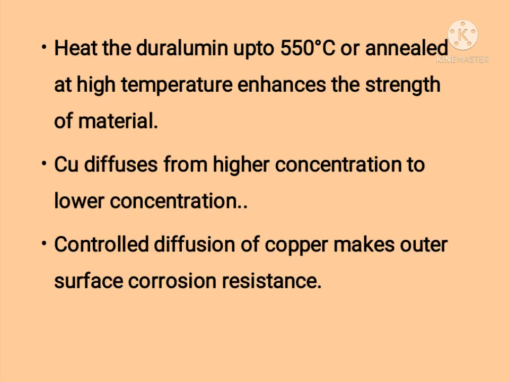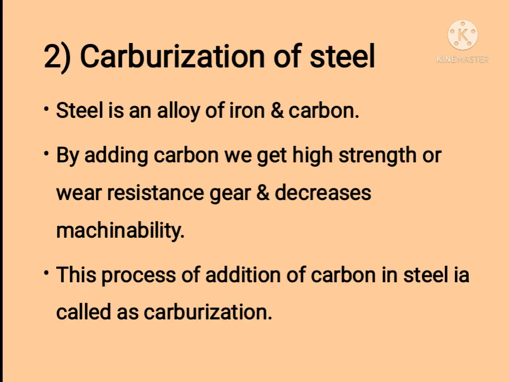Here, duralumin is heated up to 550 degrees Celsius, a high temperature that enhances the strength of the material. As temperature increases, copper from the inner core of duralumin diffuses to the lower concentration surface, that is the outer aluminum surface, which makes the outer surface more corrosion resistant.